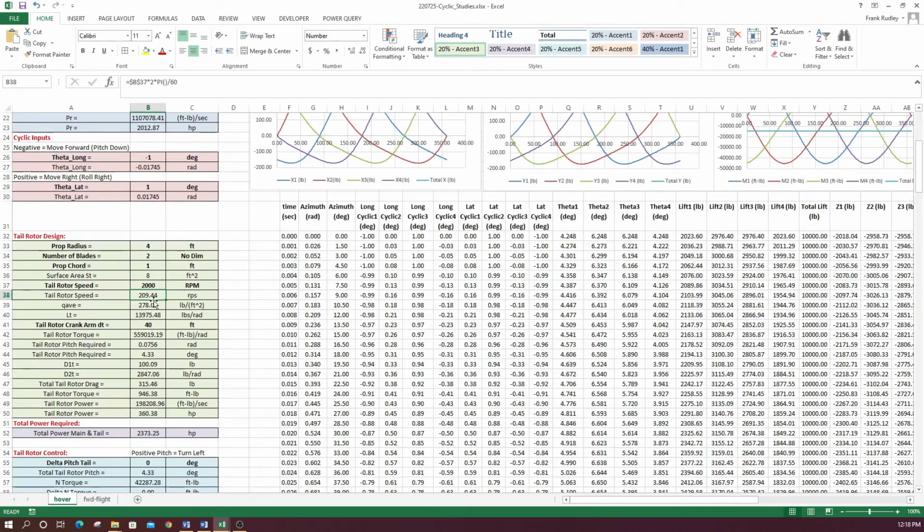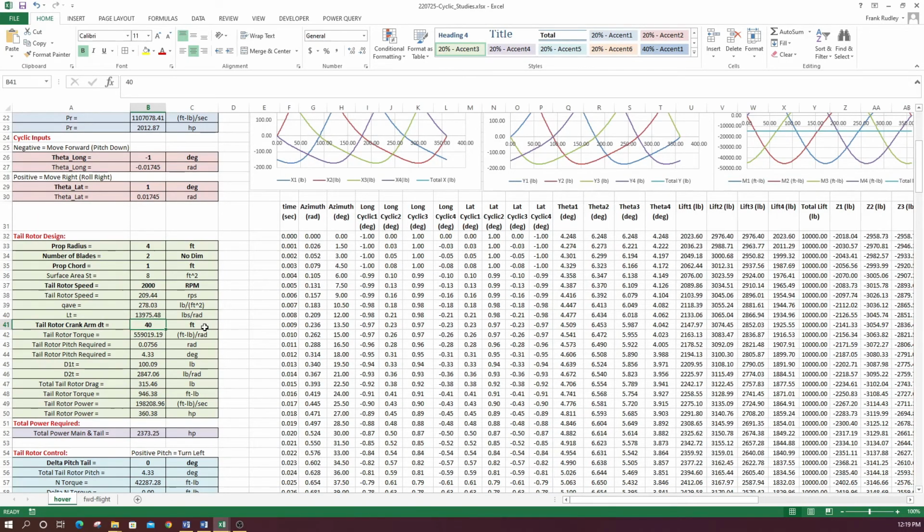Over here we have the tail rotor speed in radians per second, and likewise we have a Q average for the tail rotor, which is much higher than the main rotor because it's spinning so much faster and it's small. Then we get the lift, or thrust, generated by the tail rotor as a function of its pitch. We have the crank arm, and we picked 40 feet for that.